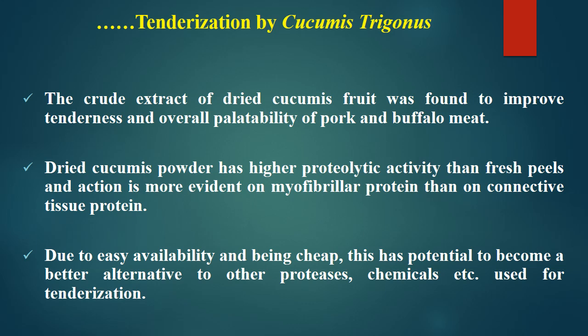So earlier we have seen the plant origin enzymes are more effective on connective tissue, even ginger, but here in case of Cucumis it is more effective as the powder and on the myofibrillar protein. Due to easy availability and being cheap, this cucumin has the potential to become a better alternative to other proteases, chemicals, etc. used for tenderization. So this Cucumis trigonus has a potential to be used as a tenderizer.